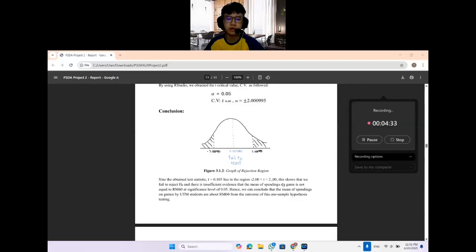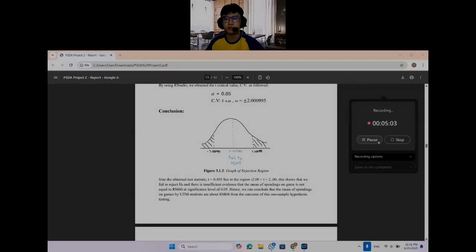So we fail to reject the null hypothesis, and there is insufficient evidence that the mean spending on games is not equal to 60 ringgit at the significance level of 0.05. Hence, we can conclude the mean spending on games by UTM students is about 60 ringgit from the outcome of this one-sample hypothesis testing.